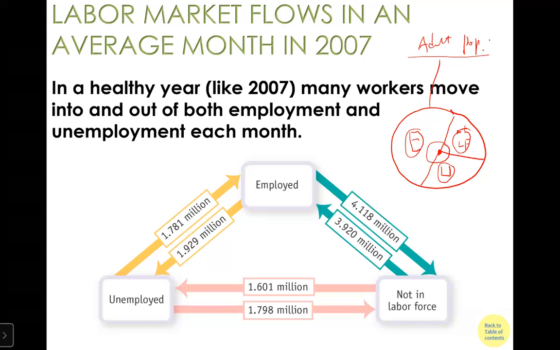We have three possibilities, or three islands, you can be on. Either you are employed or you are unemployed, or alternatively, you may decide to be not in labor force.